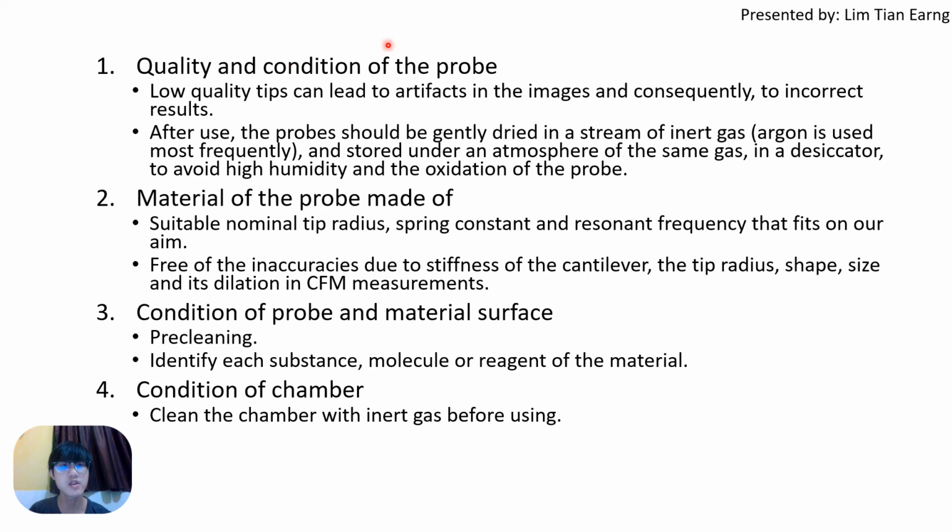The quality and condition of the probe is important, since if low quality tips are used, it may lead to artifacts in the image and cause incorrect results. And this artifact is basically the mistake that you have done during the preparation of the experiment, and it caused the result to become not so accurate.